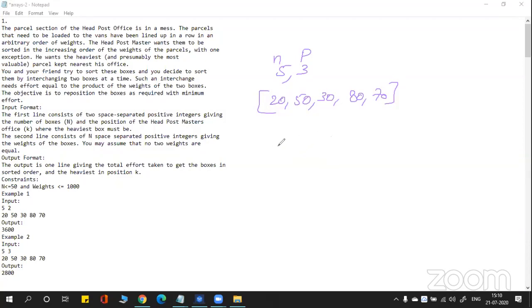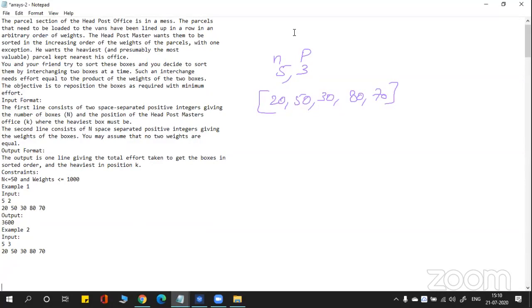Can anyone tell me what our effort should be now? I know you have already seen the answer, but try to get the effort now. What is the process you'll be doing so that we get the minimum effort?